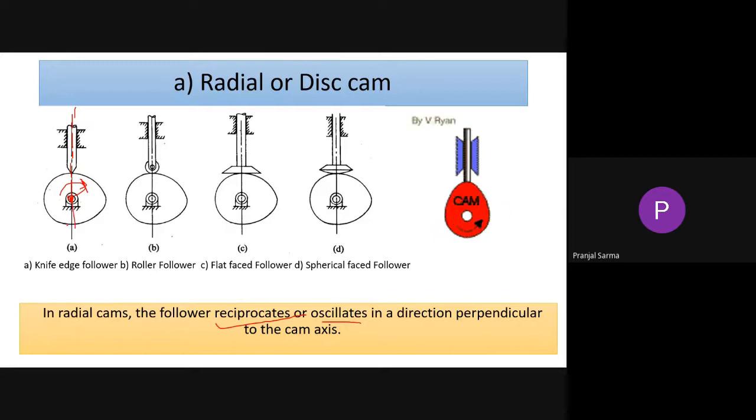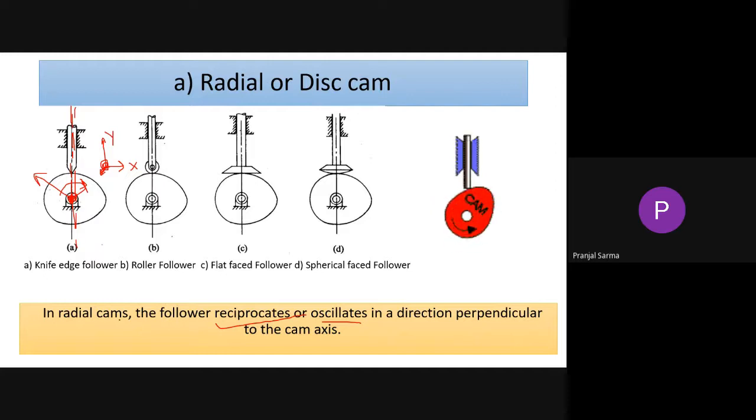In that direction, into the plane or out of the plane, if you think of the x axis, y axis, then here we have the z axis, either you can consider it in this direction or into the plane. So that way we have the cam rotation axis, and this way we have the follower axis.